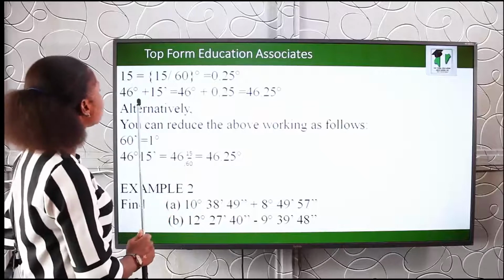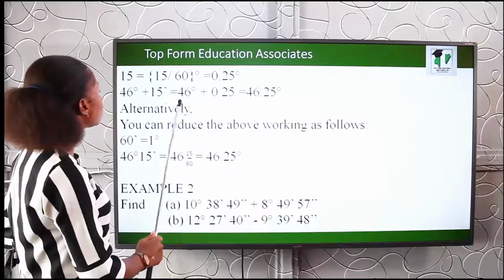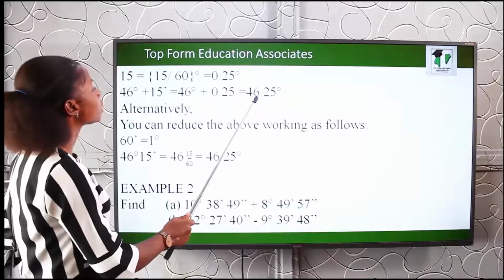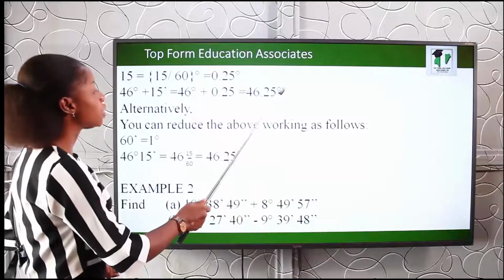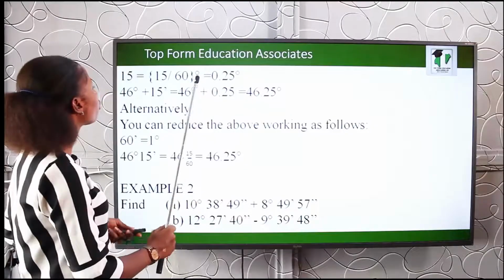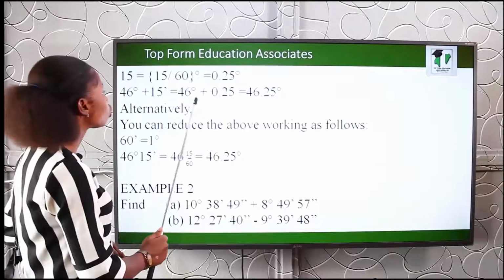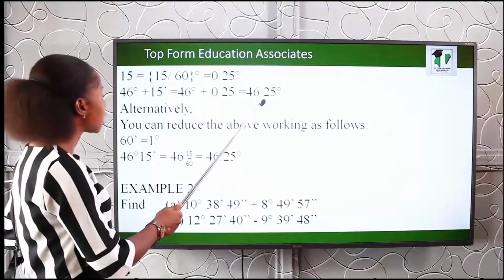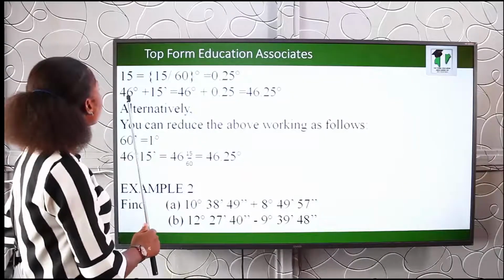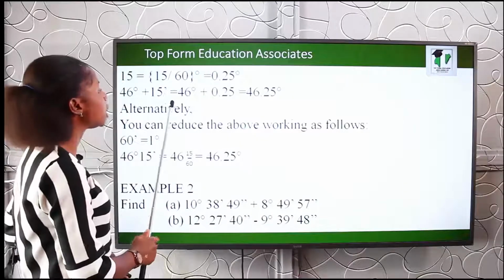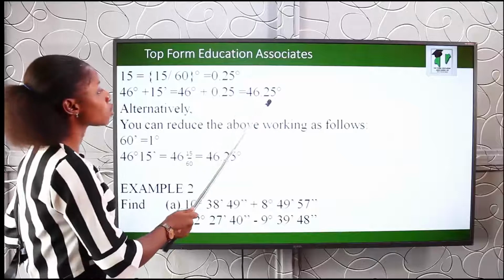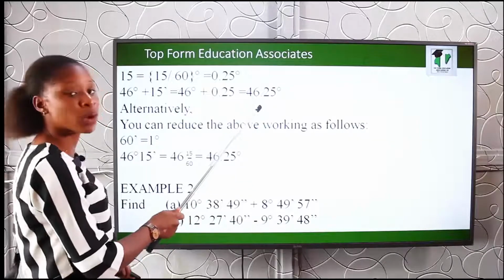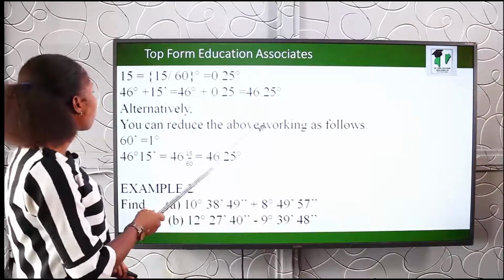Now, when we add it, we're going to have 46.25 degrees. So we have successfully converted 46 degrees 15 minutes to decimals of a degree, which is 46.25 degrees.